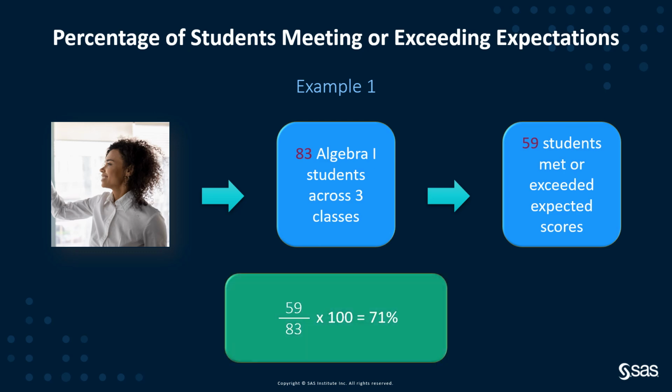To calculate this teacher's percentage of students meeting or exceeding expectations, we would divide the number of students whose actual scores met or exceeded their expected scores, which in this case is 59, by the total number of student scores, which is 83. Next, we can multiply the result by 100 to get the final percentage. In our example, this calculation results in 71% of students meeting or exceeding expectations.